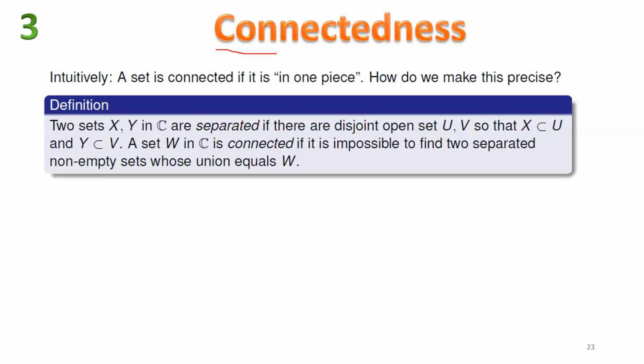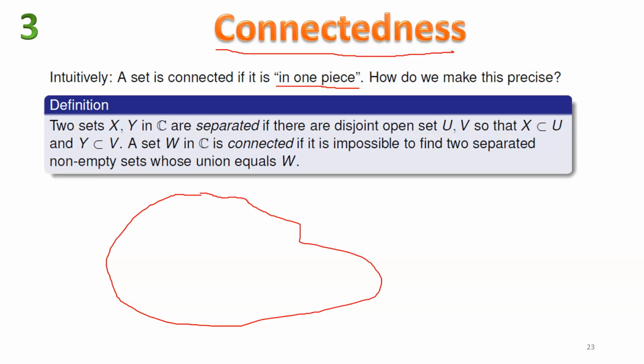Now we are in a position to discuss connectedness. A set is connected if it is in one piece. For example, if we consider some region and designate it as a set A, this has complete connectedness. But we shall try to understand this definition more precisely. Let us suppose that we have two sets X and Y in complex numbers.